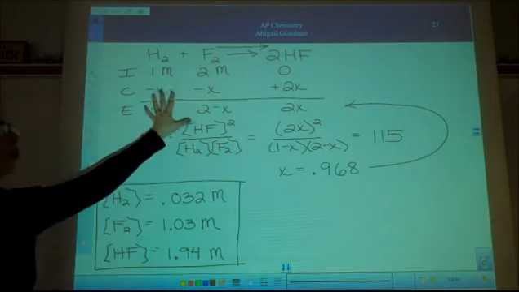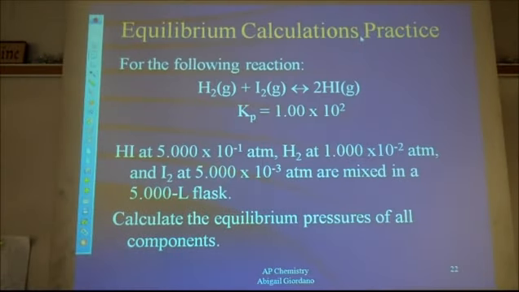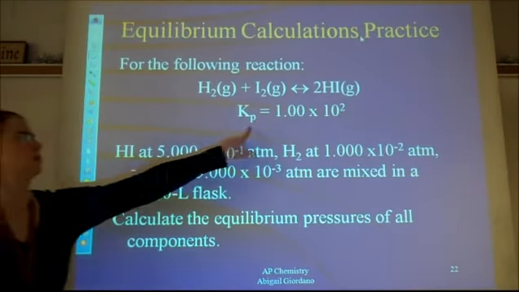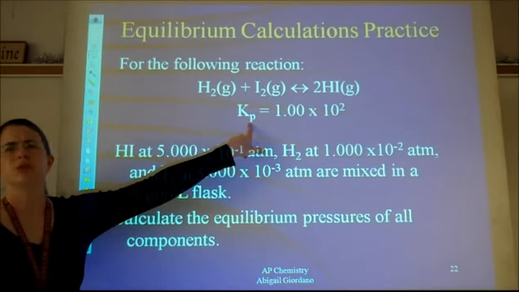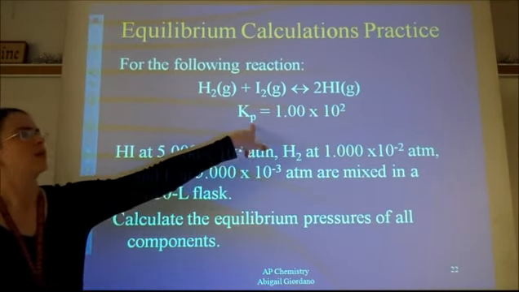I'm going to give you another one to practice, okay? Because I really want to make sure you get this. There is a slight little difference on the next slide, but it's the same process. Pressures.